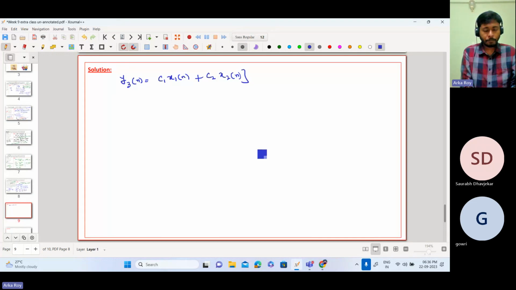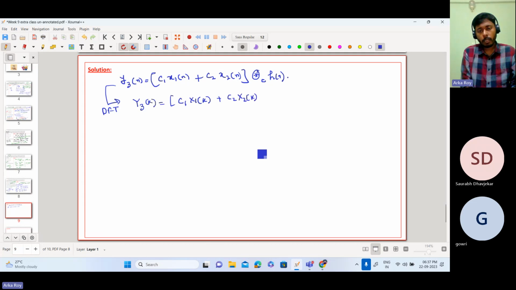c2 x2(n), then a circular convolution with h(n). And if I just take the DFT, then the DFT will be what? The DFT will be Y3(k) equals c1 X1(k) + c2 X2(k), and this will be just a simple multiplication with H(k).